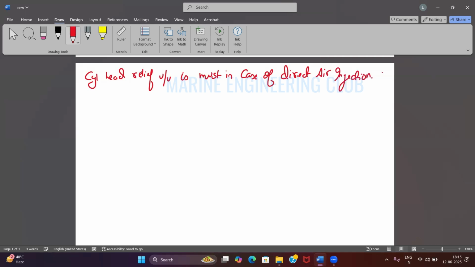It doesn't mean that if air is supplied by other means, the relief valve is not provided, it is provided. But if I talk about your car engines, is there any cylinder head relief valve there? No, sir. So it is a must in case of direct air injection. You cannot exclude it.